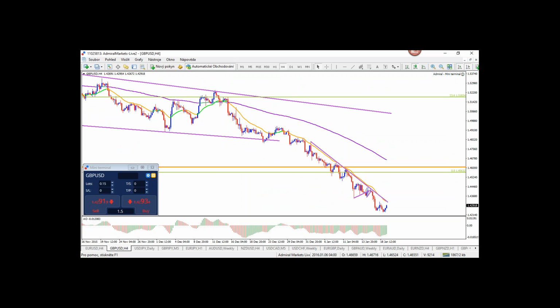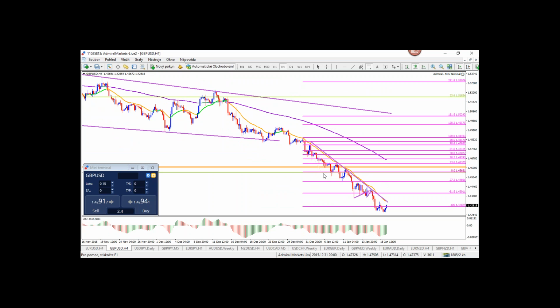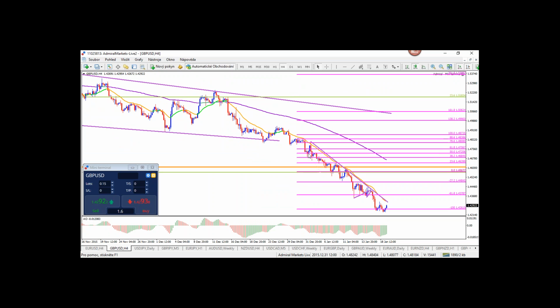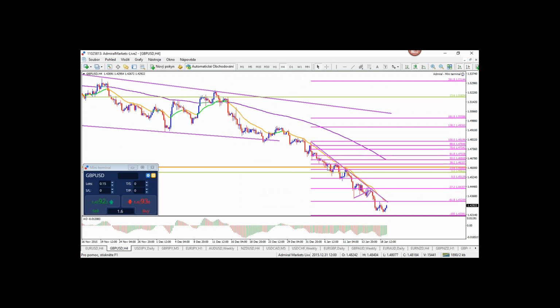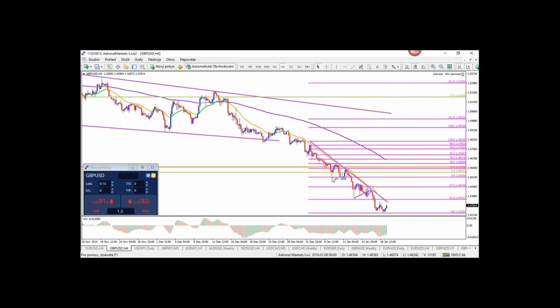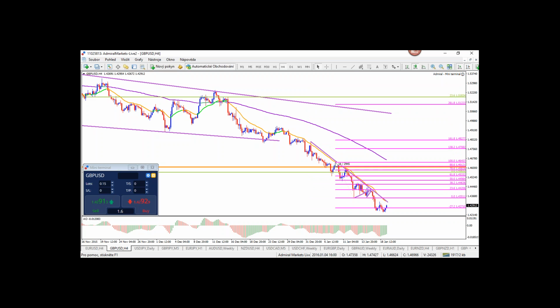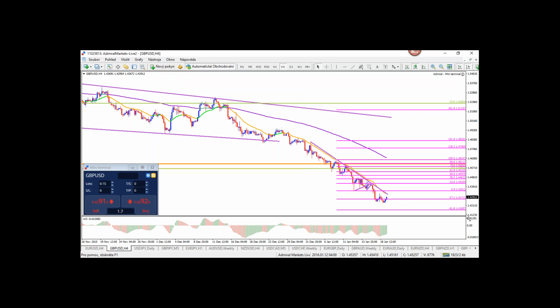Let me see if I can quickly take a look at these fibs, and I'll move on to a new pair. Yeah, I just wanted to look at the bigger fibs, okay?